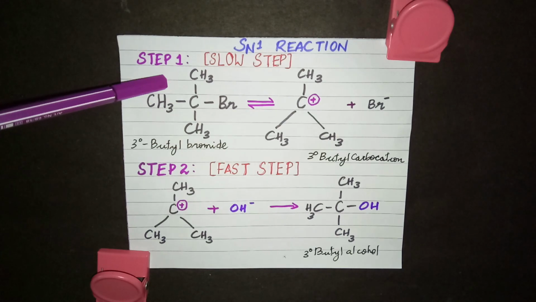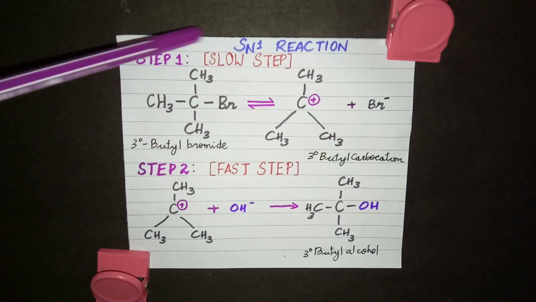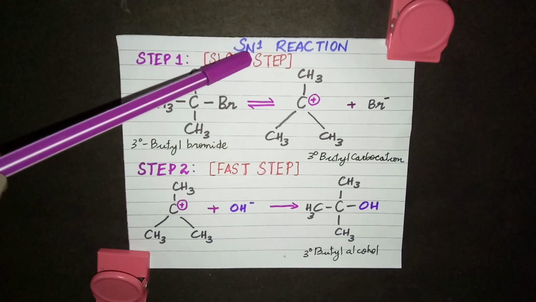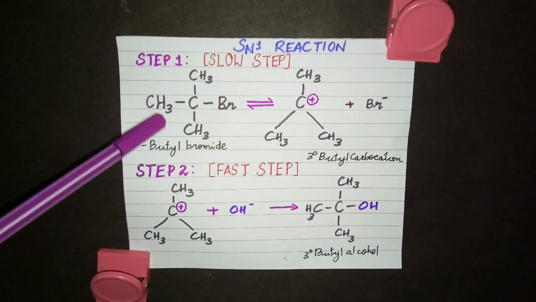In the first step, we are going to take the example of a tertiary halide. Remember, whenever you are asked to explain the SN2 reaction, always take the example of primary, because we have just seen that primary halides undergo the SN2 mechanism faster because there is no steric effect. Whenever you are explaining the SN1 reaction, always start with a tertiary halide.